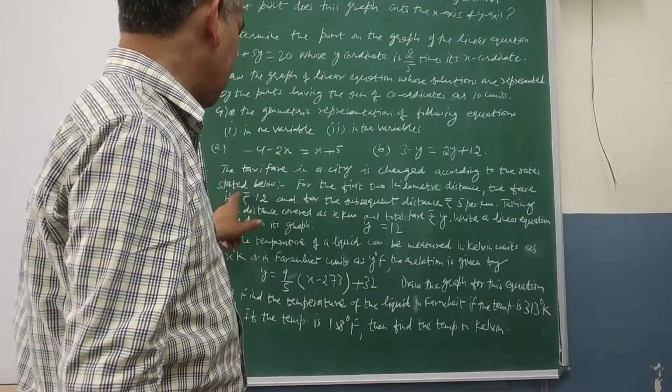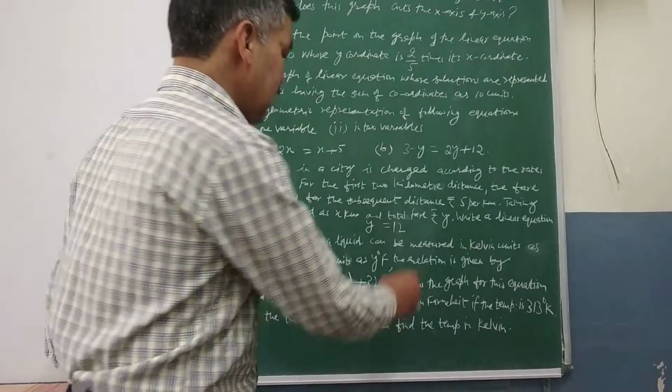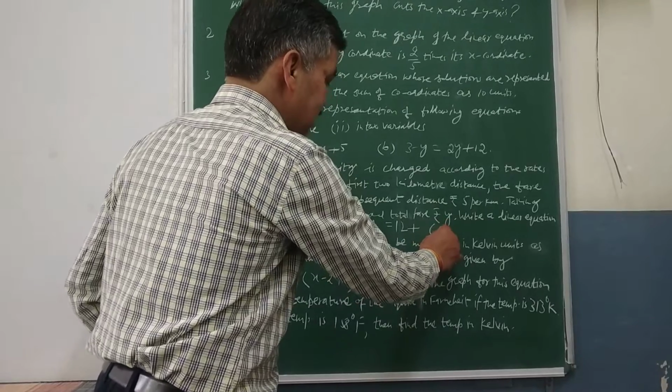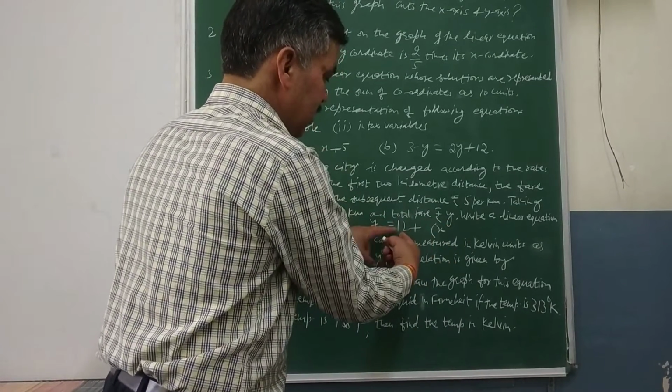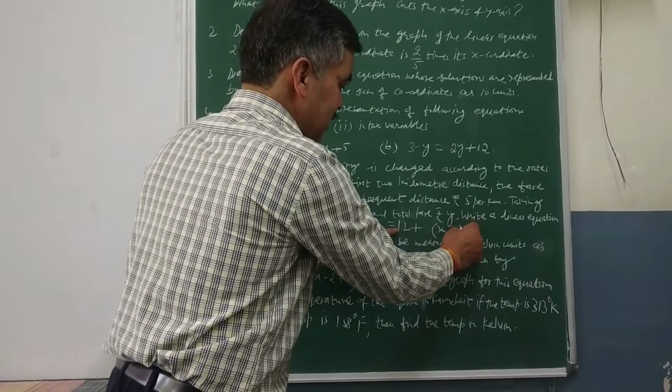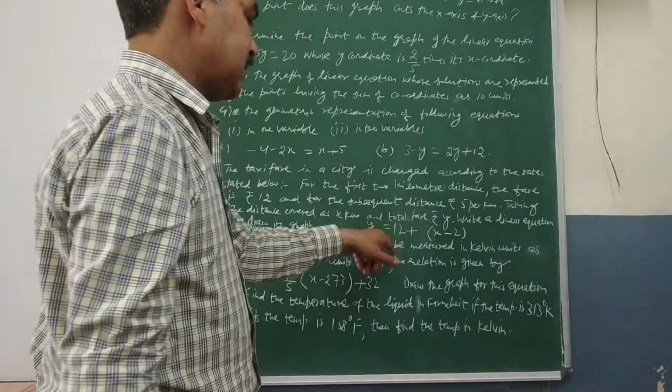So for the first 2 kilometers you have charged rupees 12, plus the remaining distance. If the total distance is given as x, the 2 kilometer charge you have mentioned here is rupees 12, so the remaining distance is x minus 2 kilometers.